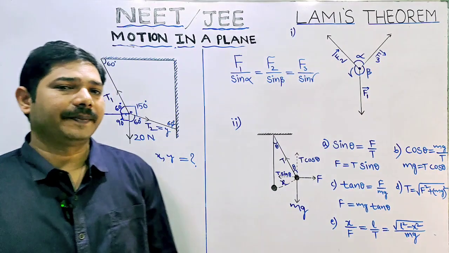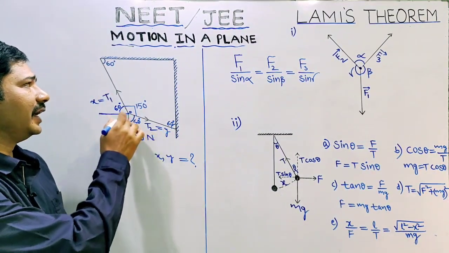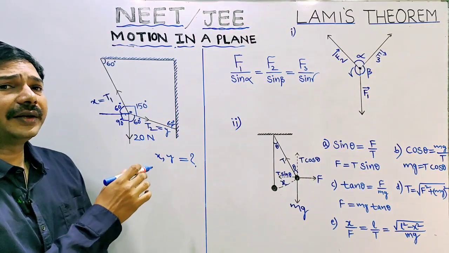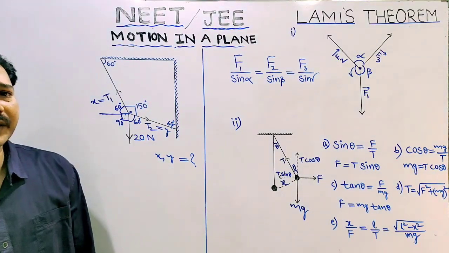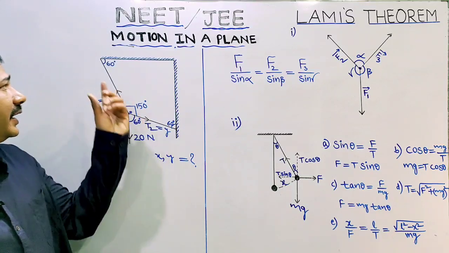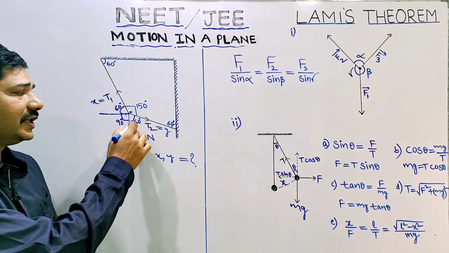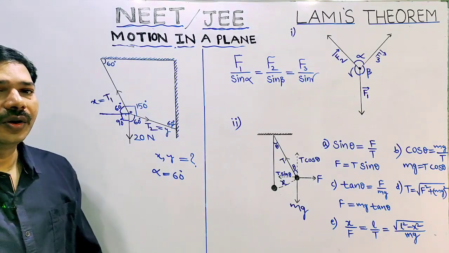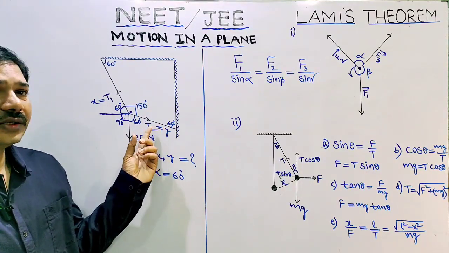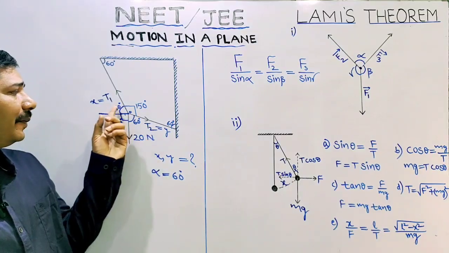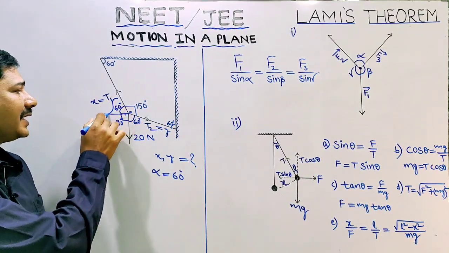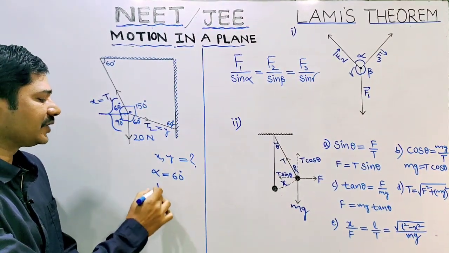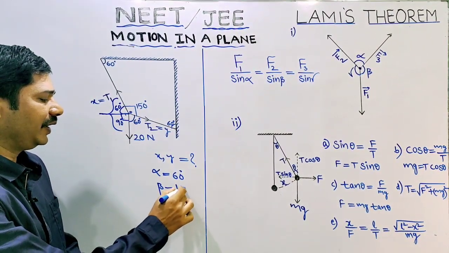Apply Lami's theorem here. Three forces are there: 1, 2 and 3, with angles alpha, beta, gamma. Here tension T1, its opposite is alpha. Alpha value is 60 degrees. Next beta: for T2, the opposite total angle is 60 plus 90, 150.